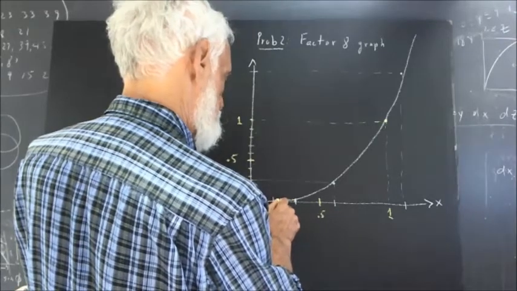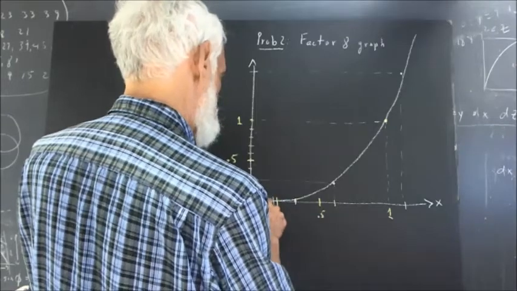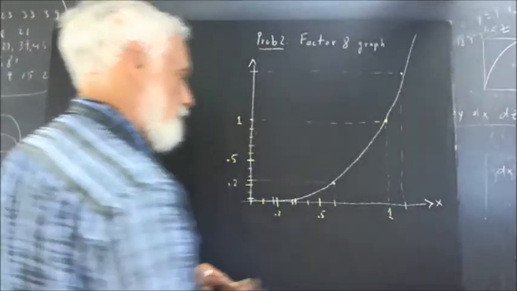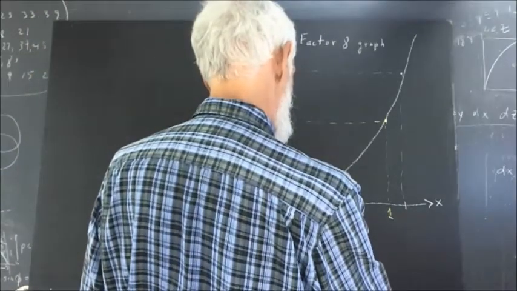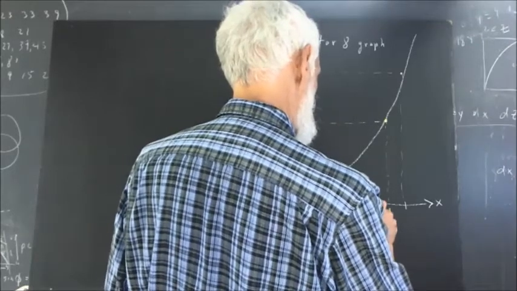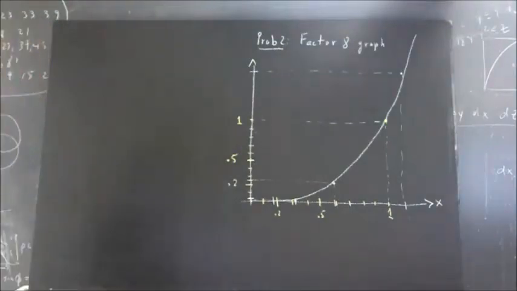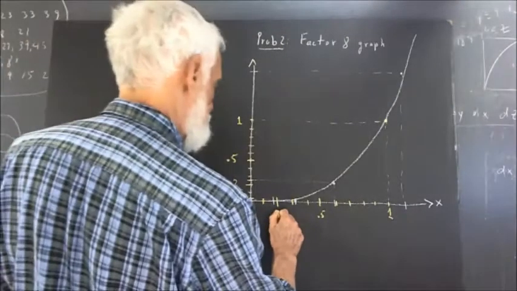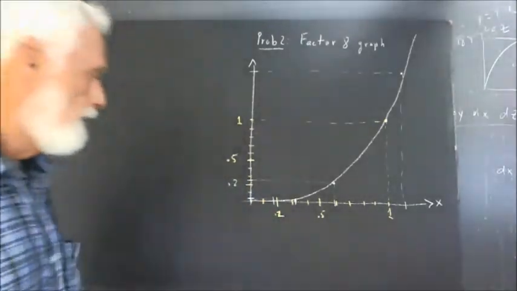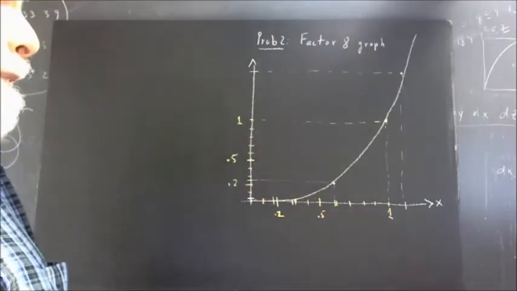I'm thinking that 0.2 maybe ought to be about here. So 0.1, 0.3, 0.4, and then 0.6, 0.7, 0.8, 0.9, 1. Okay, so now I've got a reasonable labeling of the graph. Let me make that 2 a little bit bigger, a little bit clearer. So right there is a reasonable relabeling of the graph.